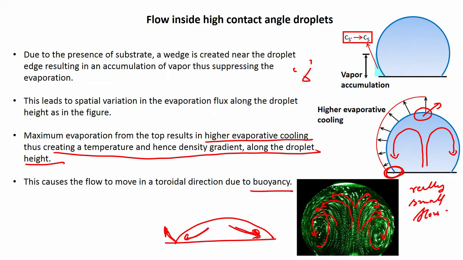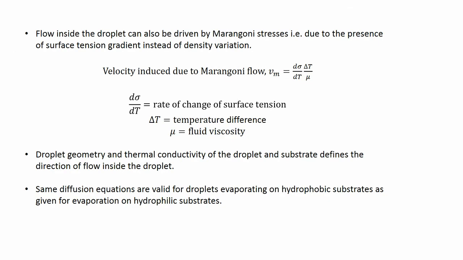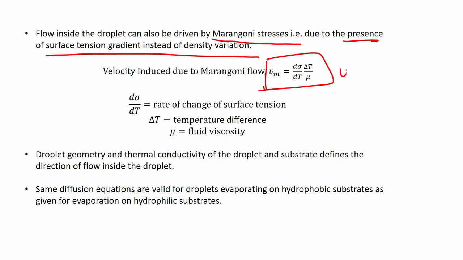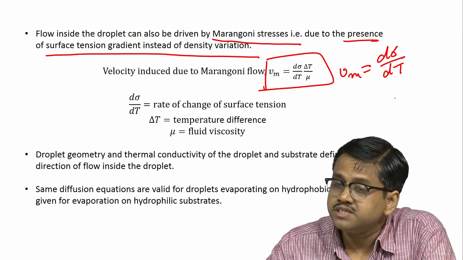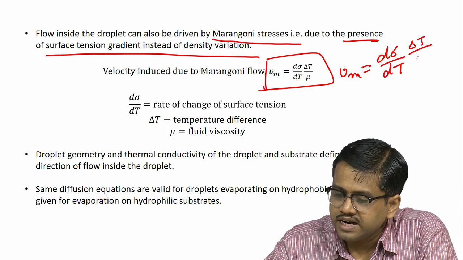But however, as we will see, if it is driven by Marangoni stress, that is due to the presence of surface tension gradient instead of density variation, the velocity field that is induced is given by, as you saw here, Vm. If that is the Marangoni velocity, it is dσ/dT, that means there is a change in temperature which should bring about a change in surface tension, times ΔT divided by μ.